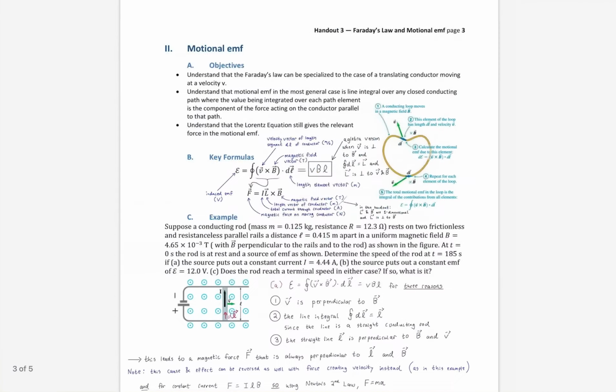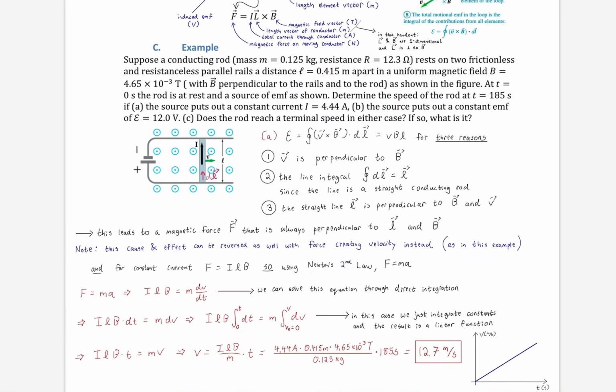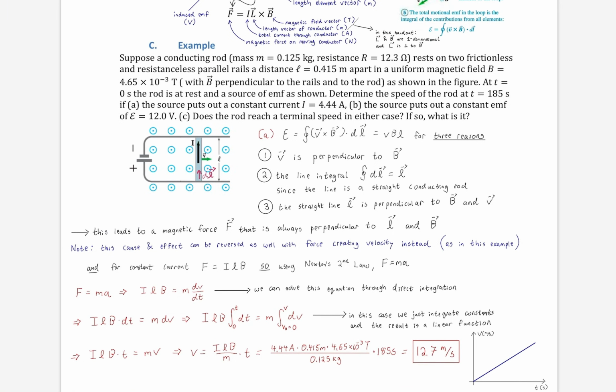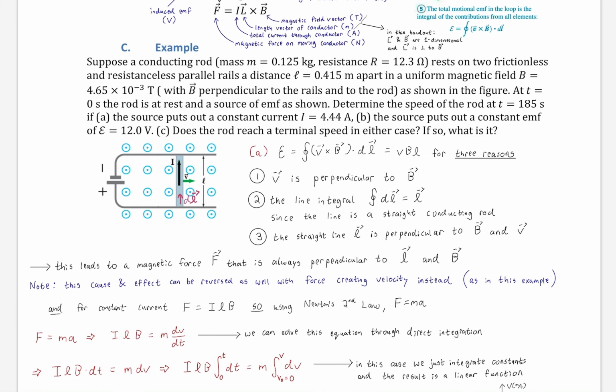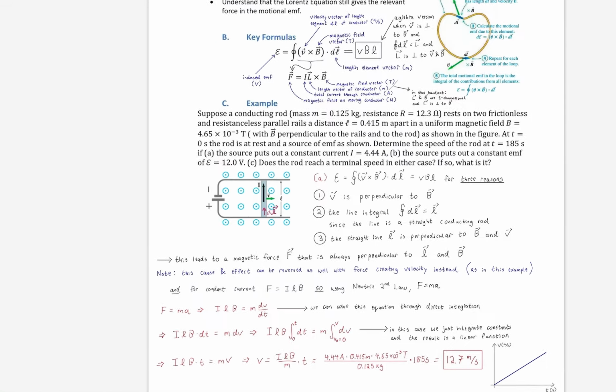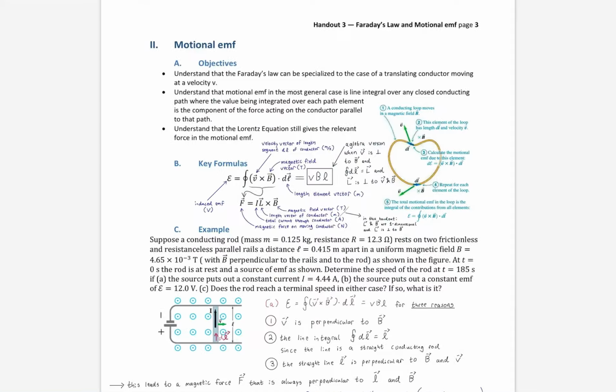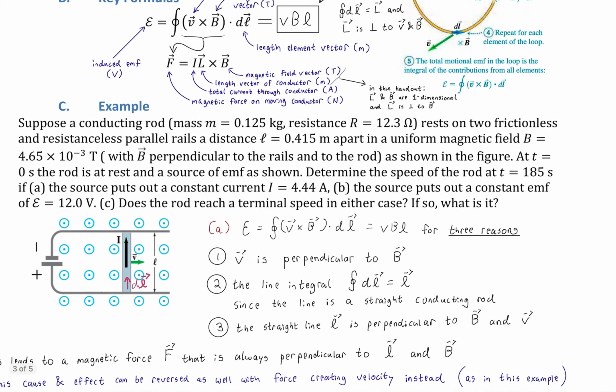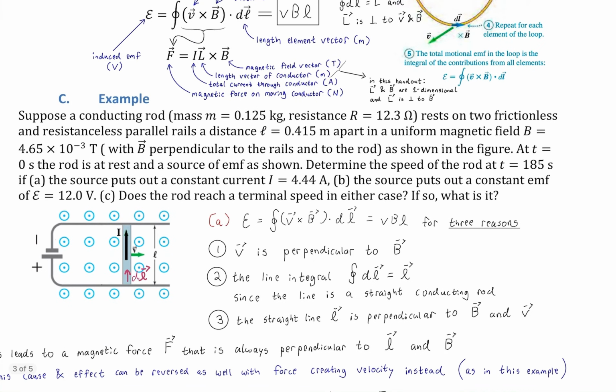Well, to give some context, I'll compare it to the previous example, the in-class example, because in this one we had different starting parameters. We had an initial current, so we were told that we had a constant current being outputted, and then in the second part, more interestingly, we had a constant EMF, which created a current that didn't remain constant, because the induced current made the overall current change over time.